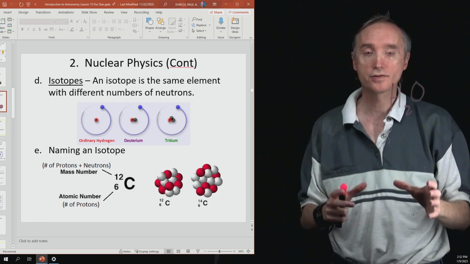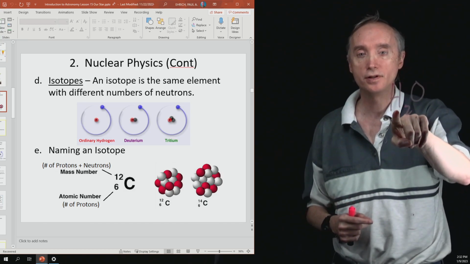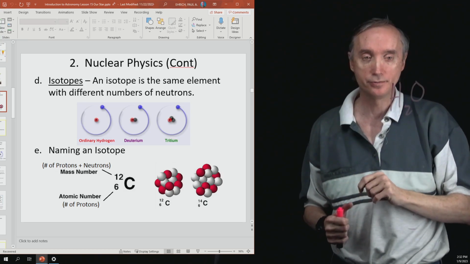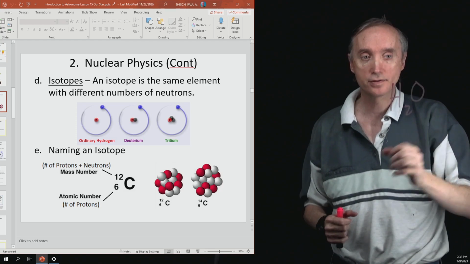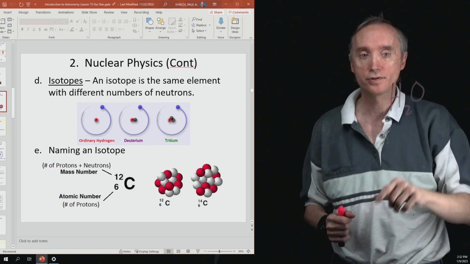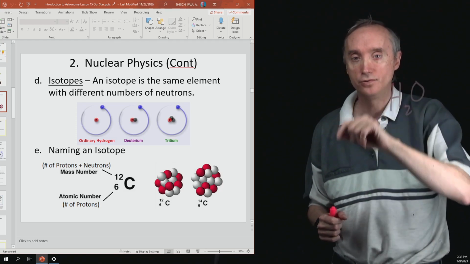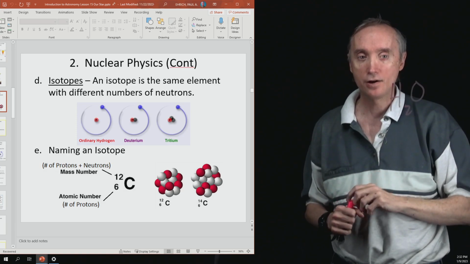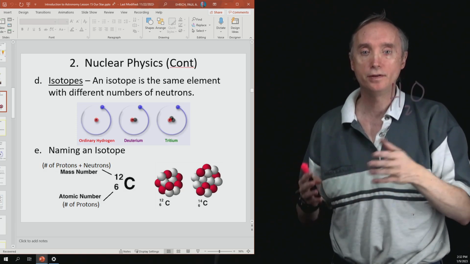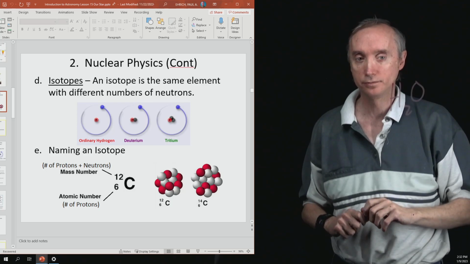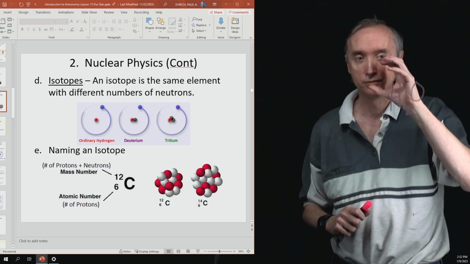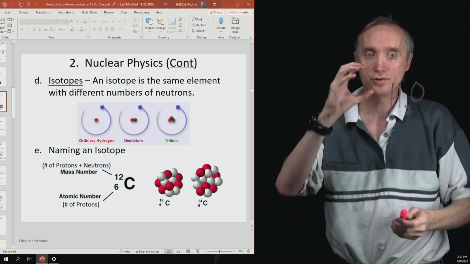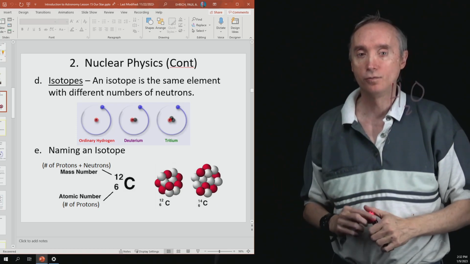In one glass, the hydrogens in the water are ordinary hydrogen. And in the other glass, it's going to have water that's composed of hydrogens that are deuterium. How could we tell the difference between these two glasses of water? I know, let's drink them. So let's drink each of the two glasses of water.